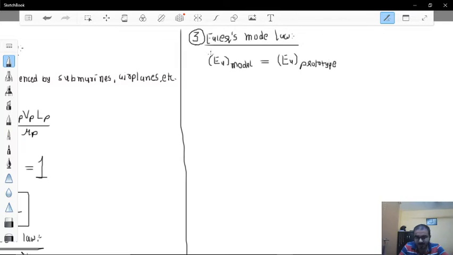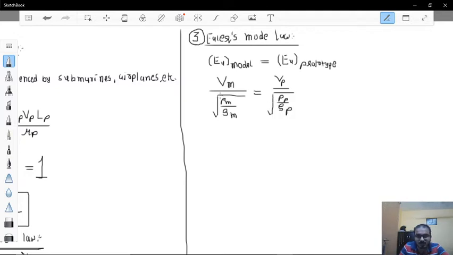So we can say that Vm divided by square root of Pm upon rho m is equal to Vp upon square root of Pp over rho p.